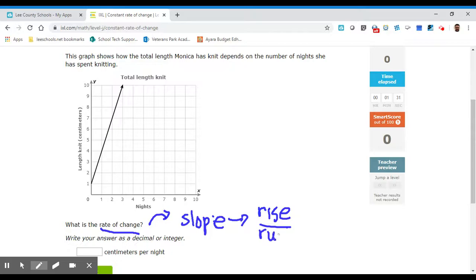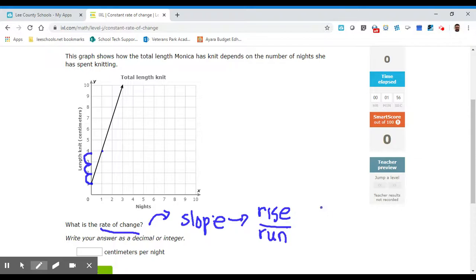Okay? So let's go ahead and find a starting place on the graph like here, right? And then we're going to find the next point that intersects on the grid, like there. And we're just going to count how much we're rising and how much we're running. So we rise 1, 2, 3.